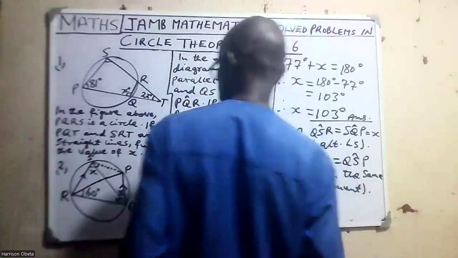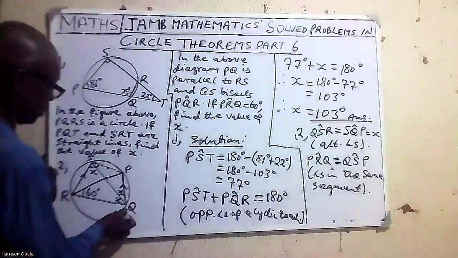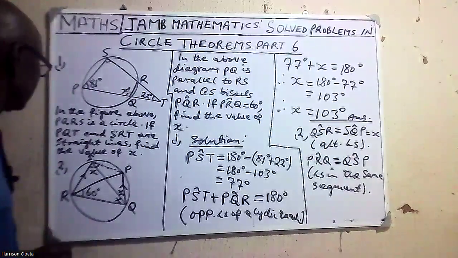Okay? So to continue, we know that opposite angles of a cyclic quadrilateral are supplementary. That is, they add up to 180.